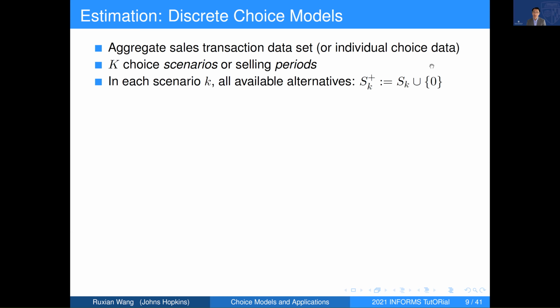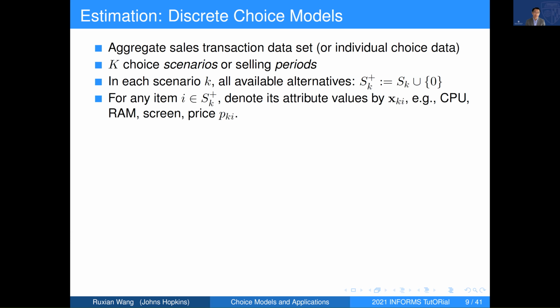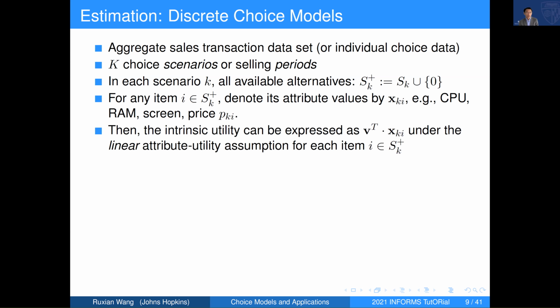In each choice scenario k, we know the product offer set, and we know the product attribute values. When we talk about computers, we know CPU, we know RAM, we know screen, and price can be one of the attributes, right? We know the attribute values, but we don't know the coefficients for the attributes. What's the relationship between the product nominal value and the attributes?